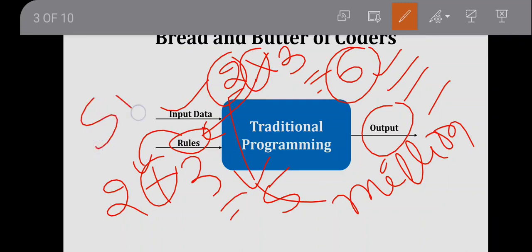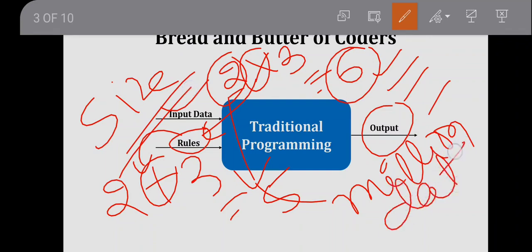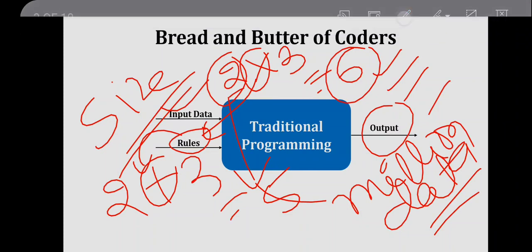As the size of the inputs started growing, data accumulation started increasing. What is the meaning of data accumulation? For example, if you go to a medical shop or anywhere, you give your personal details. That is nothing but data. That data we call unstructured data.